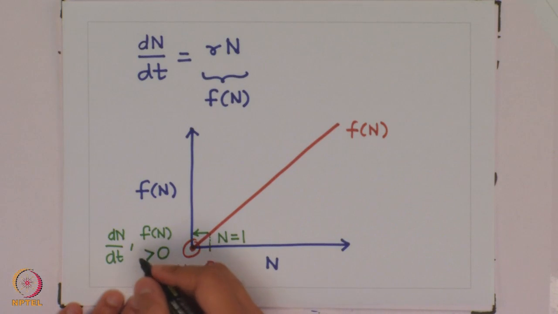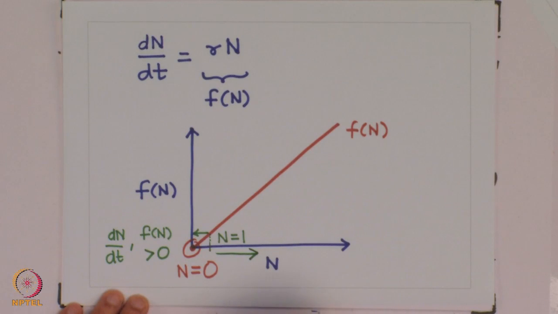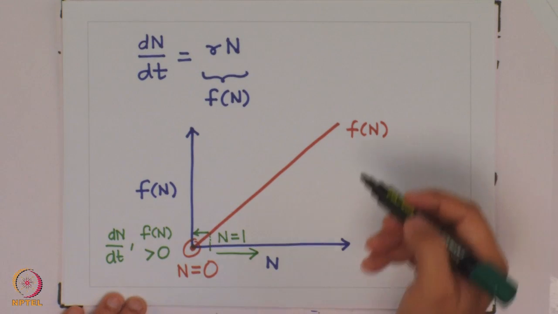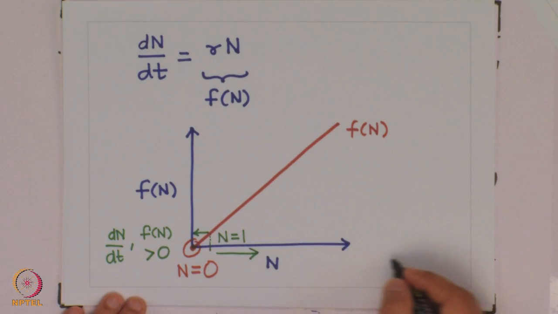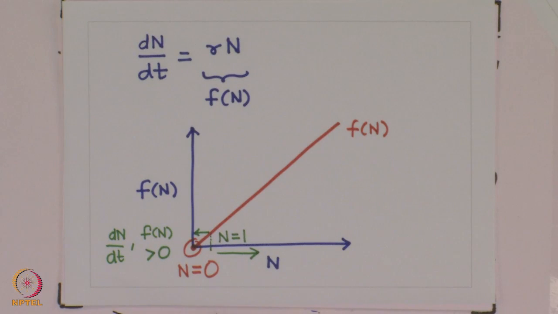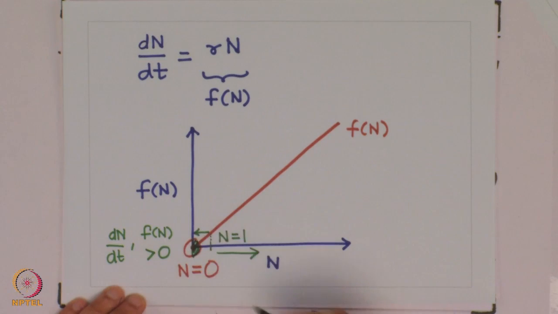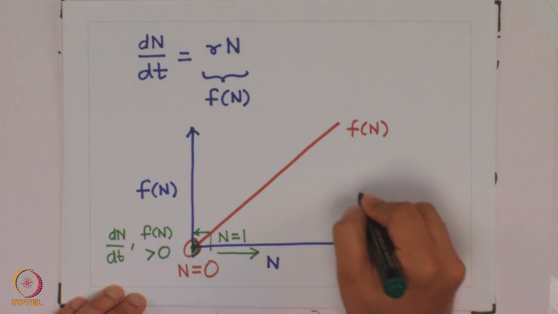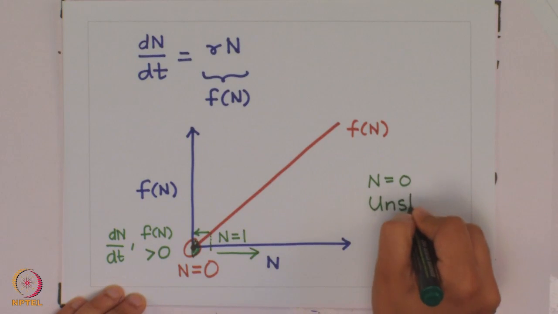As t increases, n will also increase, and hence the system moves towards the right. And as we saw in our last lecture, the number of bacteria in the population keeps on increasing towards infinity, and it never halts. Because this f(n) curve never meets the x axis, this movement towards the right never stops, and the bacterial population moves toward infinity. What that means is that the only steady state associated with the model that we had developed last time is n equal to 0, which is an unstable steady state.